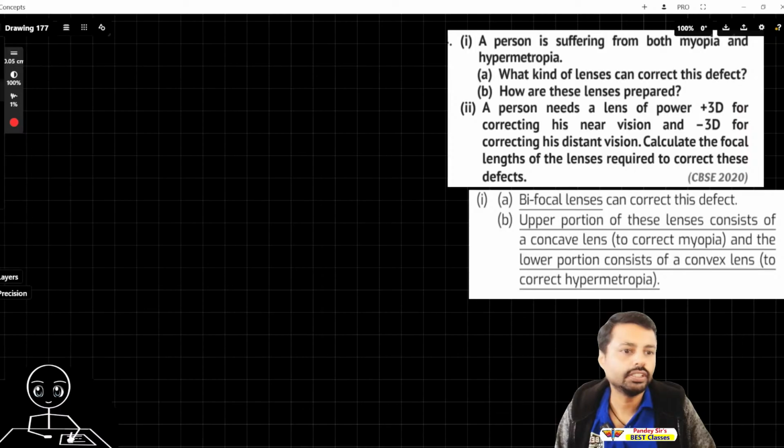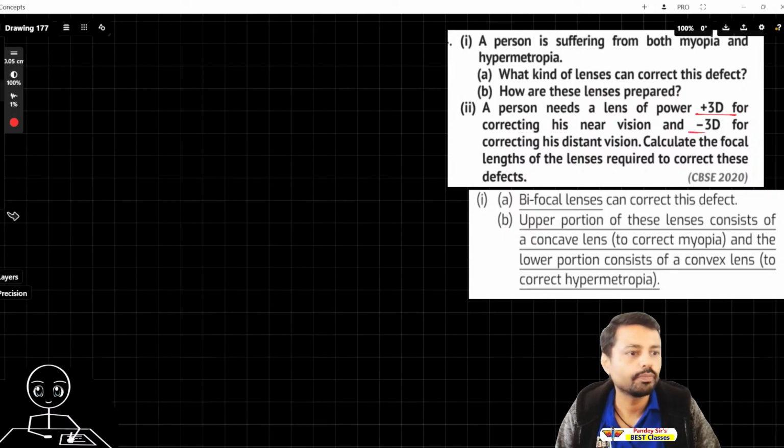The person needs a lens of power 3 diopter for near vision, and minus 3 power for distance vision. Wait a minute. No, this is myopia and this is hypermetropia.